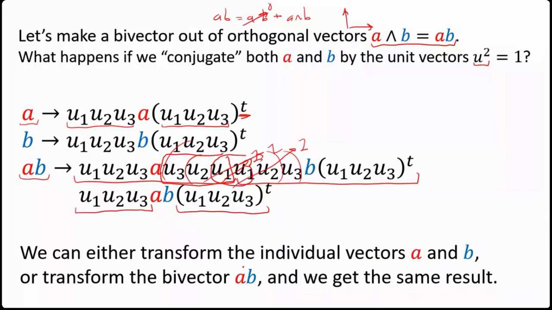But I guess I wanted to say that when you transform, if I reflect A and then I reflect B, then I can also reflect the bivector AB.